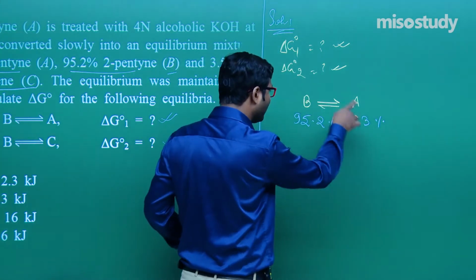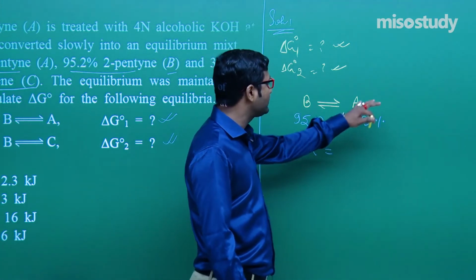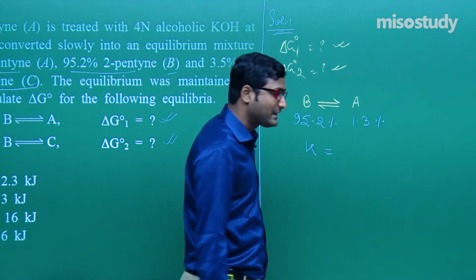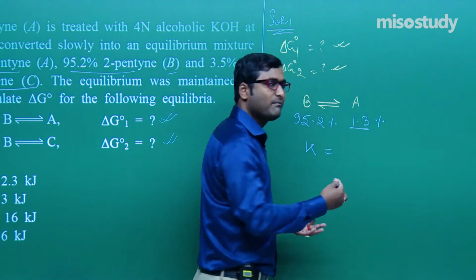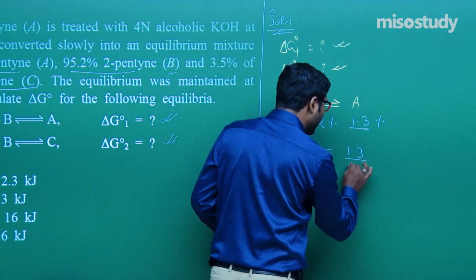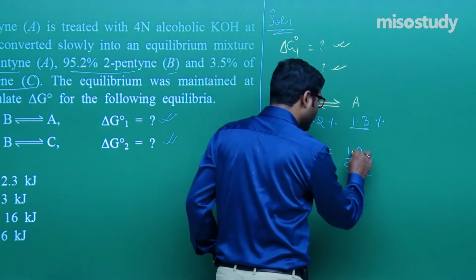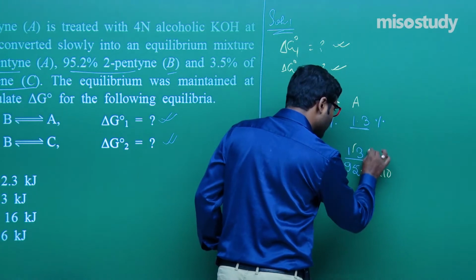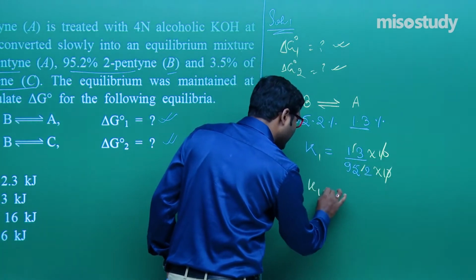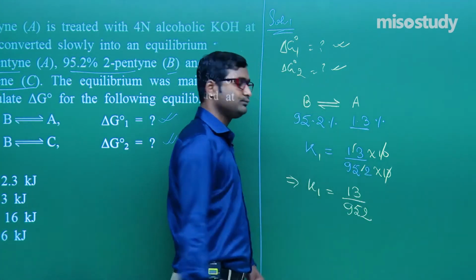As we know, for the equation, K is equal to concentration of product upon concentration of reactant. Here concentration is in terms of percentage, no issue. For A that is 1.3, for B that is 95.2. Now this will move here and this will move here, it will cancel each other. So in the first case, K1 is equal to 13 upon 952.